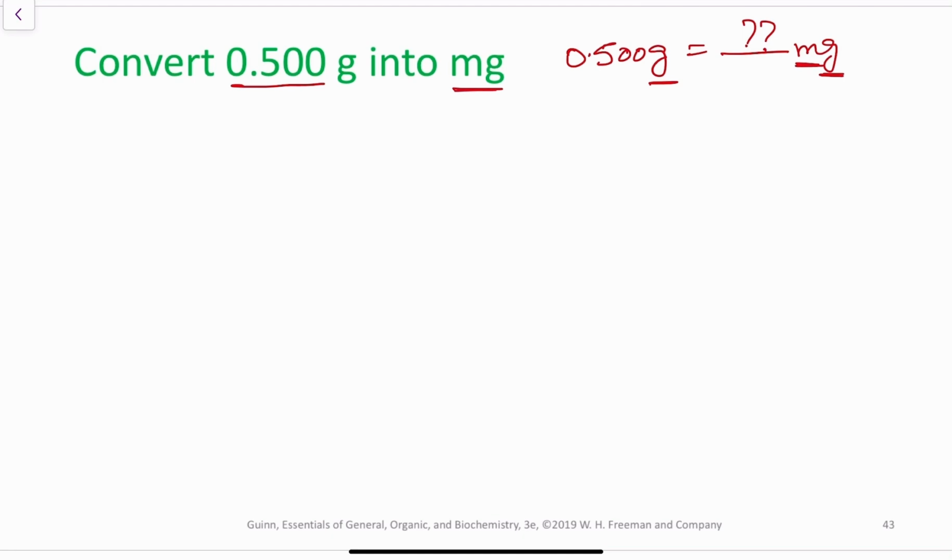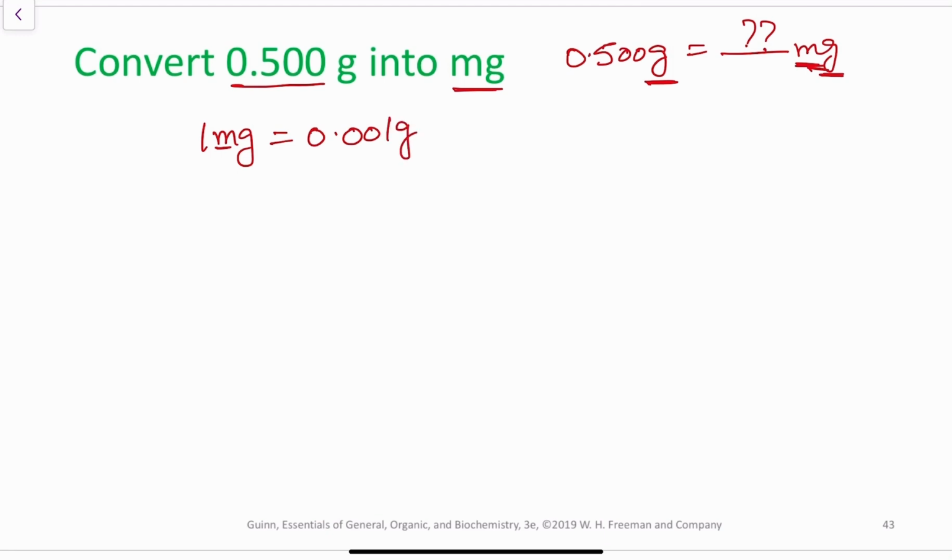So how are we going to convert this unit? The first thing you need to know, which is very important, is how these two units, grams and milligrams, are connected. Is there any equivalency between the two units? If I say I have 1 milligram, how many grams do I have? The time I say milli, I know the number: it is 0.001 gram.